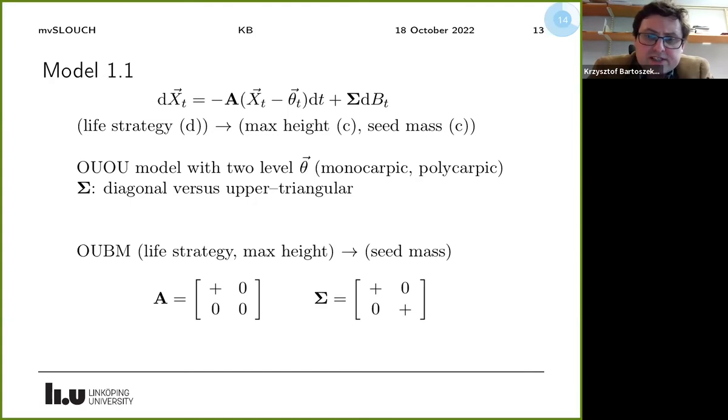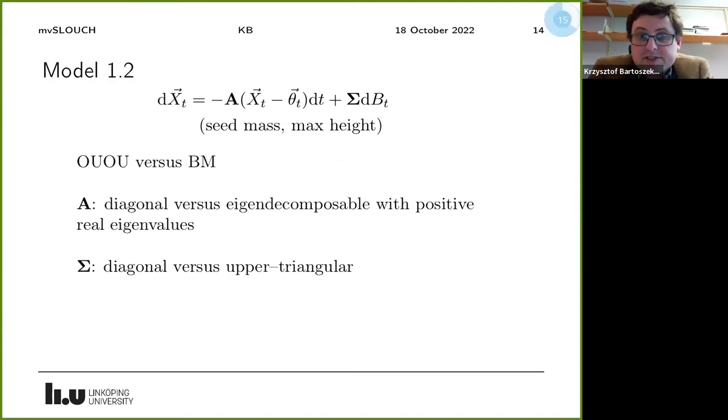So, as I said, the first set of models were the last strategy influencing maximum height and seed mass. Again, this corresponds to different values of this drift matrix for polycarpic and monocarpic levels.